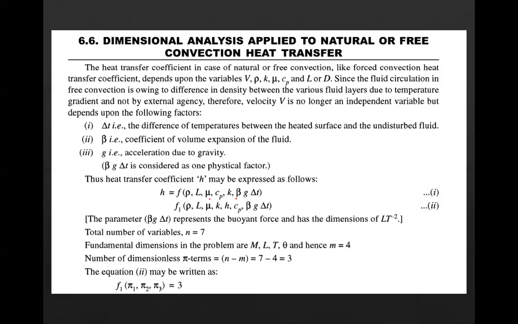To simplify this whole equation, beta into g into delta T is considered as one physical factor.